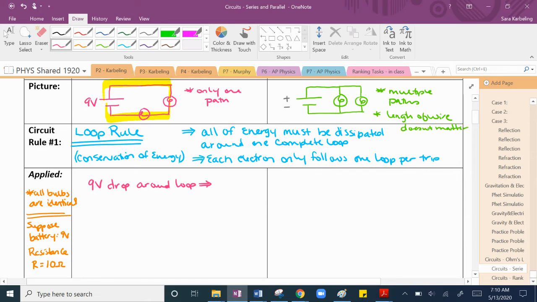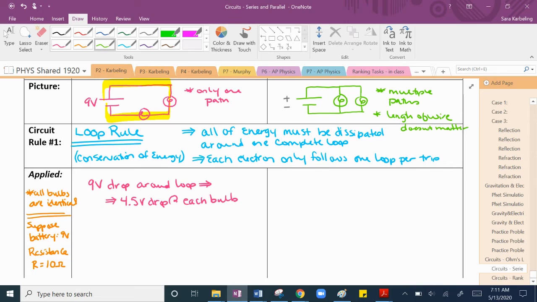Well, if there are 2 light bulbs, that means that there's going to be a 4.5-volt drop at each bulb. And that's because they're identical. Again, it can get more complicated if you start using different kinds of bulbs or different kinds of resistors, but we're going to keep it simple here. Okay, so there's a 4.5 drop per bulb. Yeah, let's hold on to that for a second.